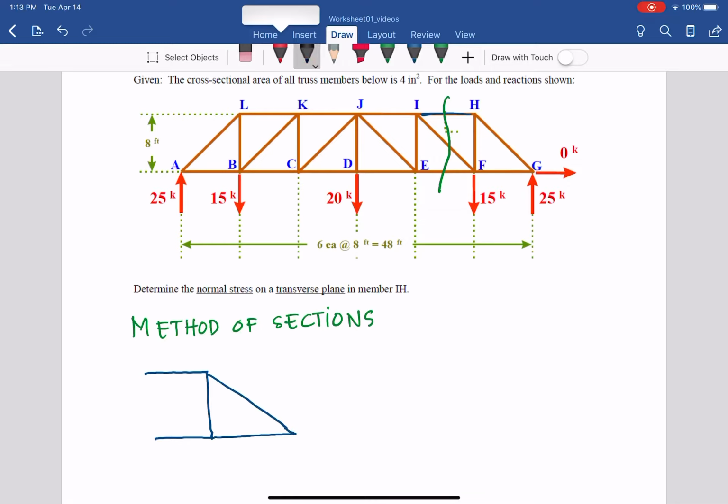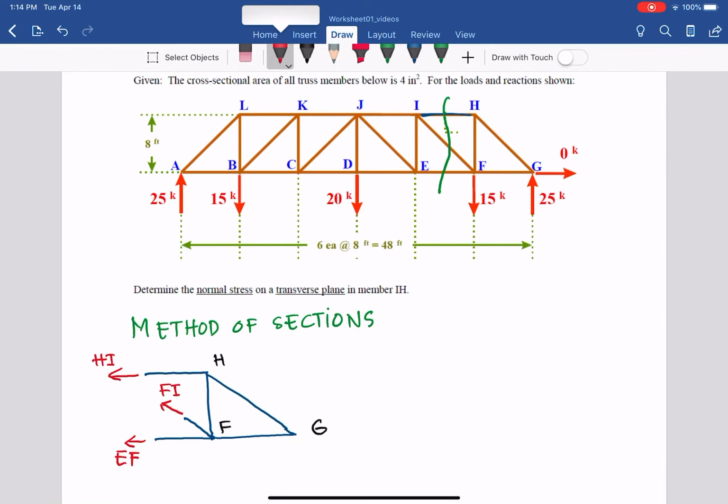So we have G, we have F, we have H here, and we also have member IF. This is HI or IH. These are the internal forces: the internal force here is HI, and the internal force here is EF.